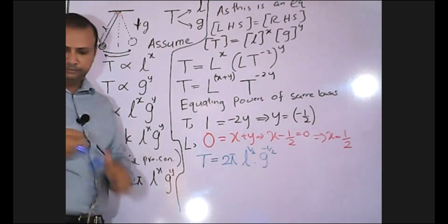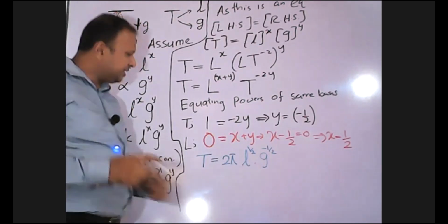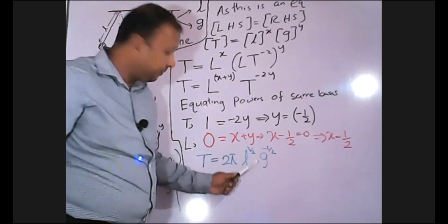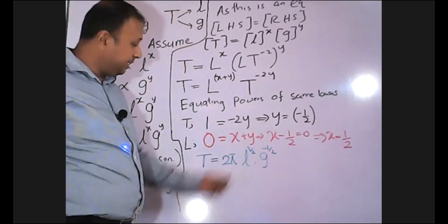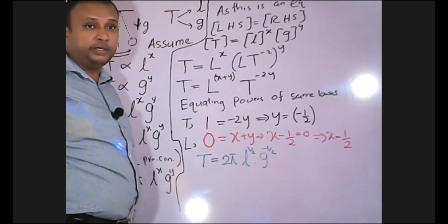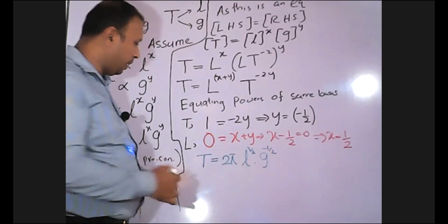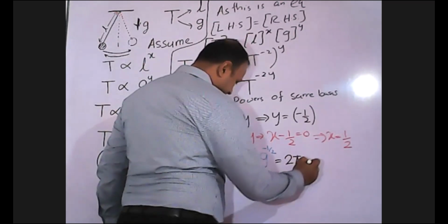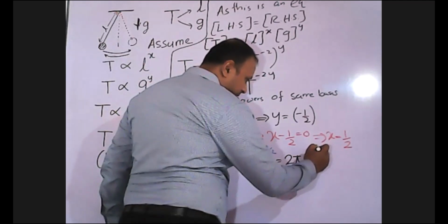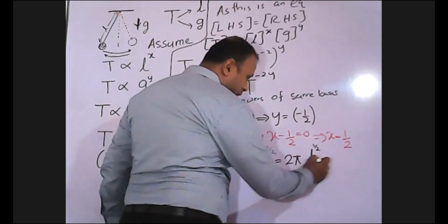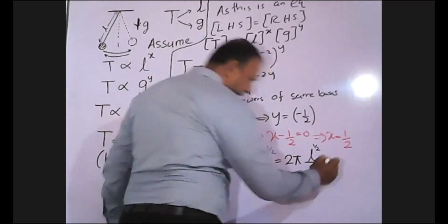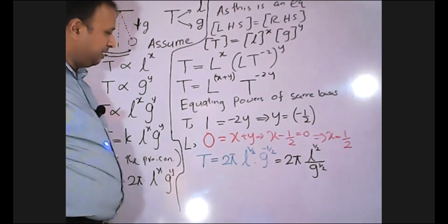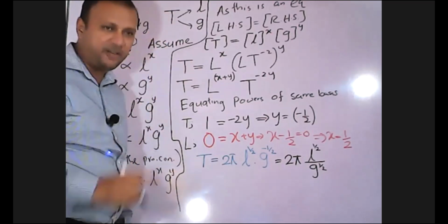If there is a minus power in the numerator, you can bring that to the denominator, and then it will be a plus power. So it can be written as 2 pi L to the power plus half over G to the power plus half.